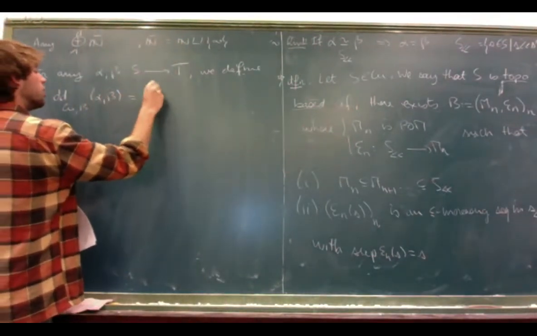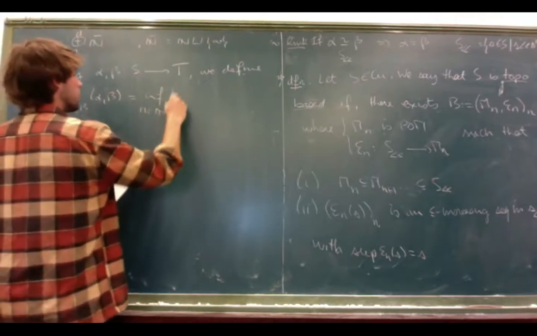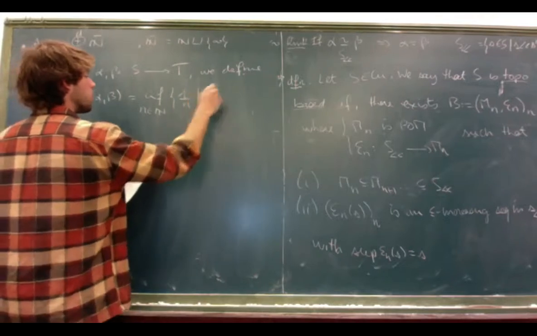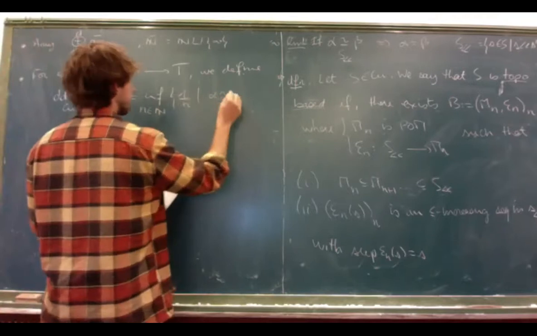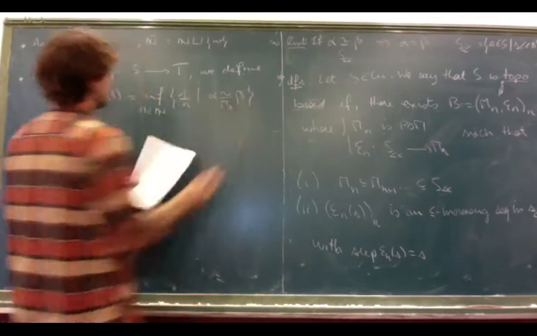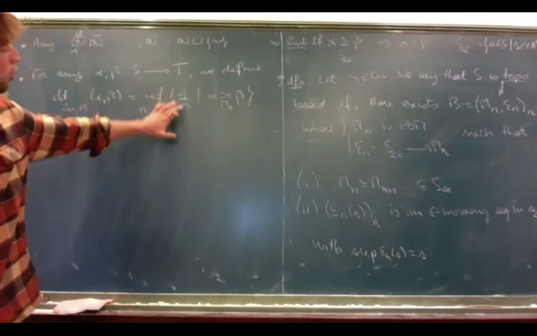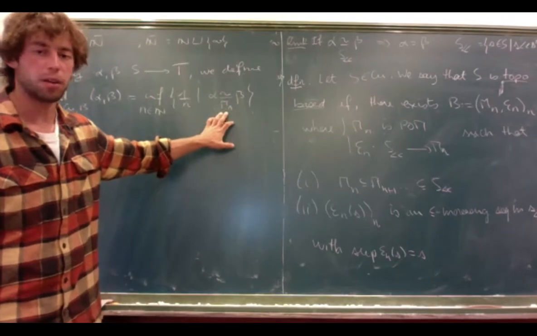As I explained earlier, it is the infimum of 1 over n such that alpha compares with beta on the set M_n.